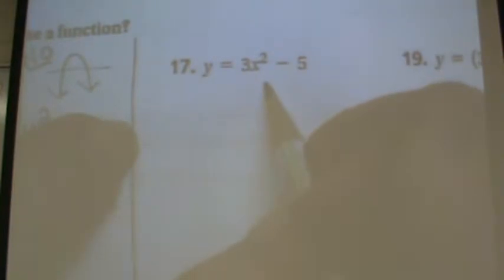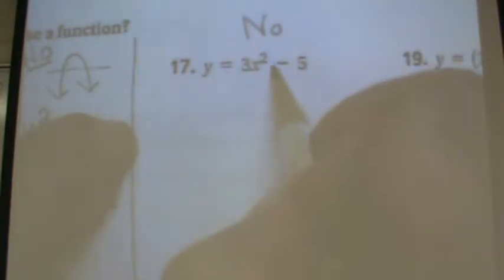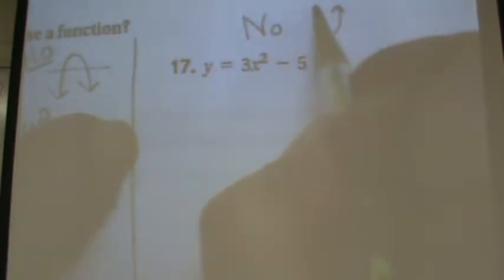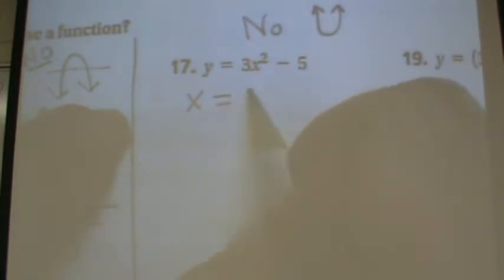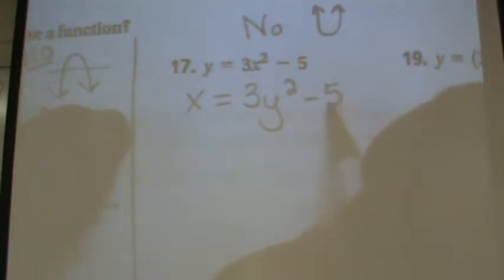Number 17. Is this inverse gonna be a function? Nope, it's a parabola. It's gonna look like that. It's not gonna pass the horizontal line test. So we go right into x equals 3y squared minus 5.